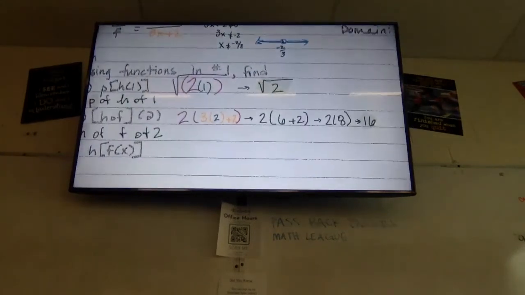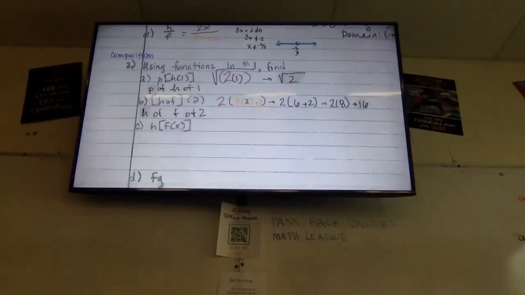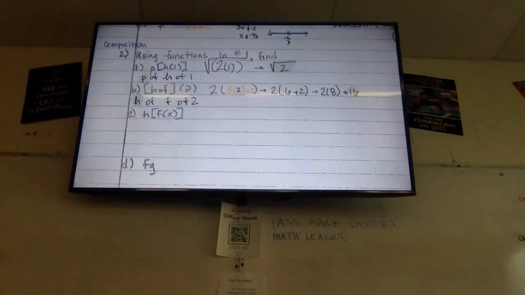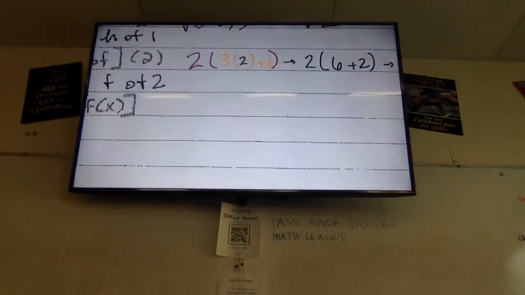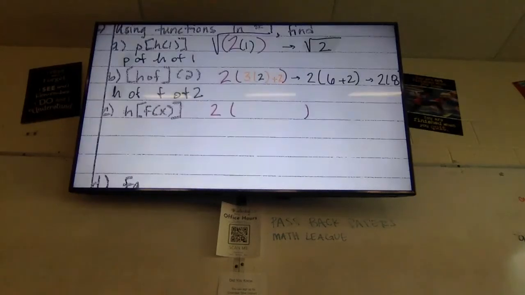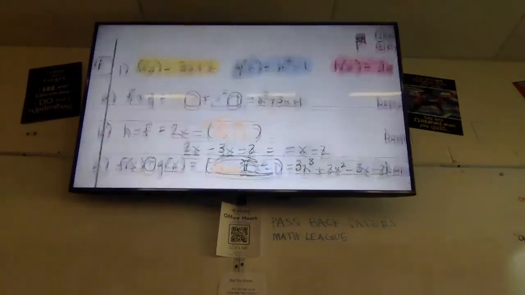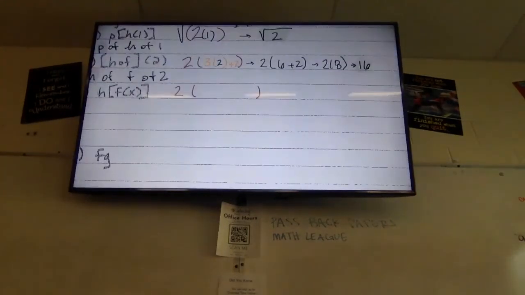Okay, questions, thoughts, comments? All right, the next one is going to be of an expression. So we're doing H of F of X. I have to do which function on the outside? H is on the outside, good. So I know that H is 2X, so I'm gonna write 2 and a big parentheses for whatever goes inside. And then inside that, I'm gonna write F of X, which is 3X plus 2.